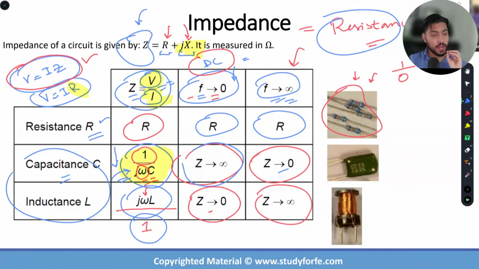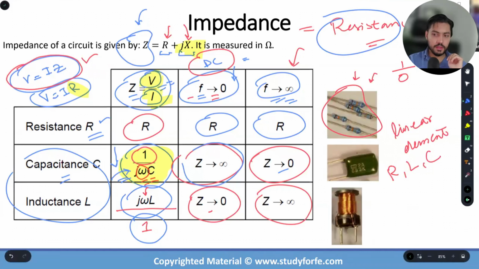Now, the fact of the matter is that this holds true for something we call actually linear elements. Okay. Your R, L, and C, your resistor, inductor, and capacitors are called linear elements.